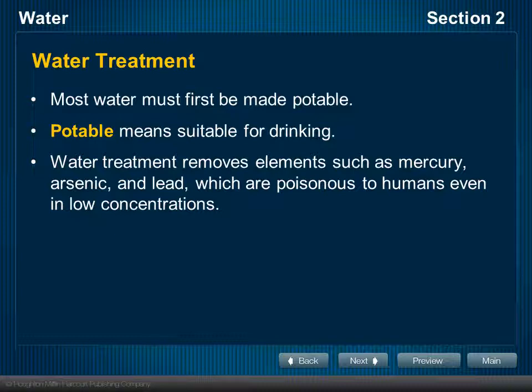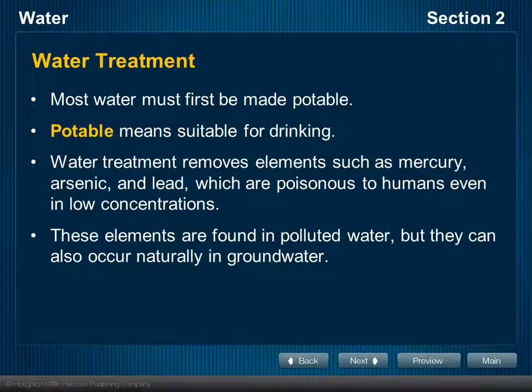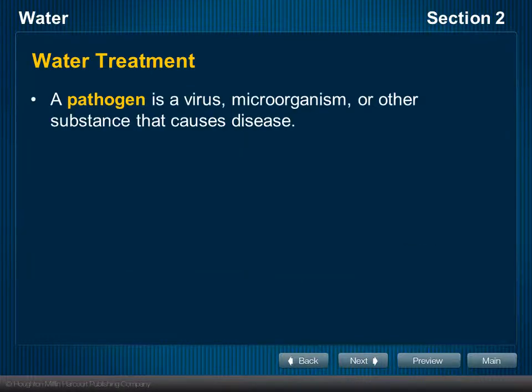On the other hand, there's lots of other things in water that need to be dealt with before it can be considered drinkable. So let's look at some of those. There are pathogens: viruses, microorganisms. Microorganisms can be bacteria. They can be cysts, amoeboid, and these things can get into the water, get ingested, and then cause disease.